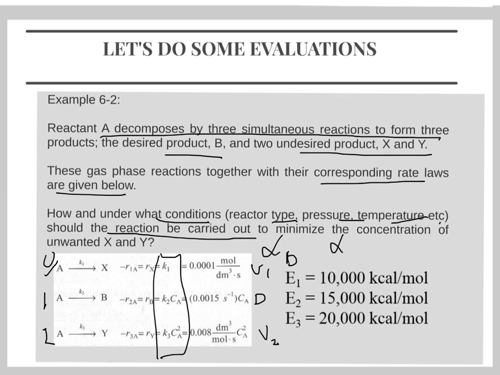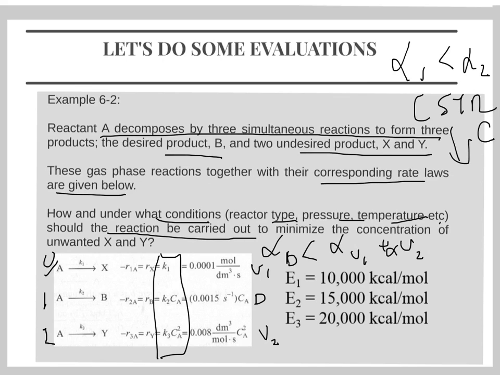You have to check whether alpha D is bigger or smaller than alpha U1 plus alpha U2. From here, it shows that alpha D is actually less than alpha U1 plus U2. Therefore, our strategy should refer to the case where alpha 1 is less than alpha 2, where we have to operate using a CSTR, use very low concentration, and introduce inert, for example. So these are the cases for how we deal with these three types of reaction.